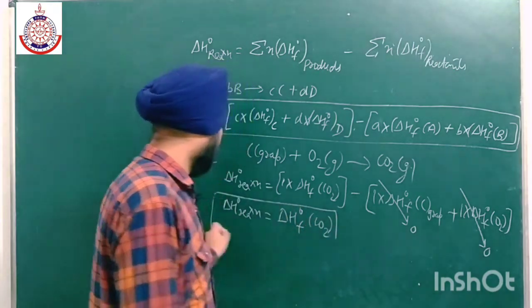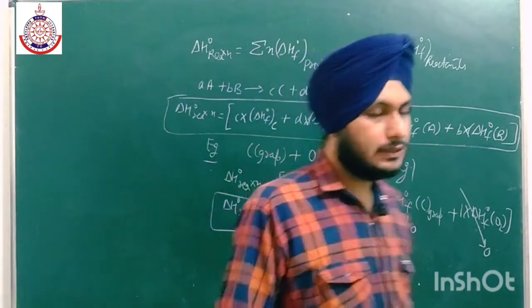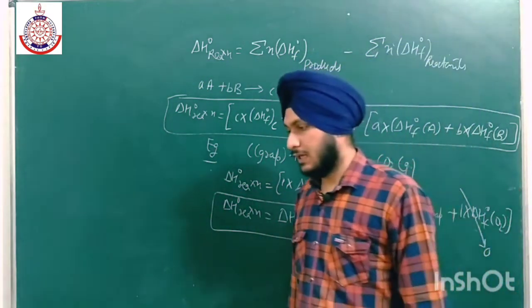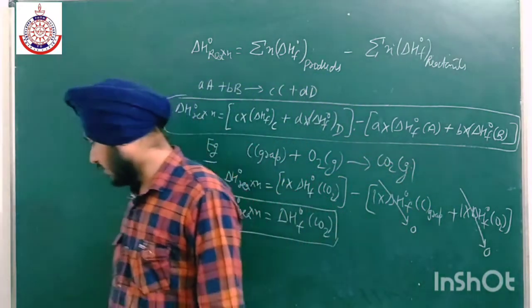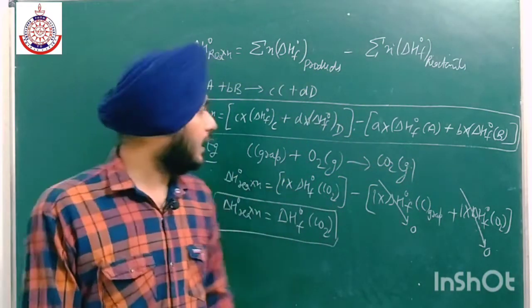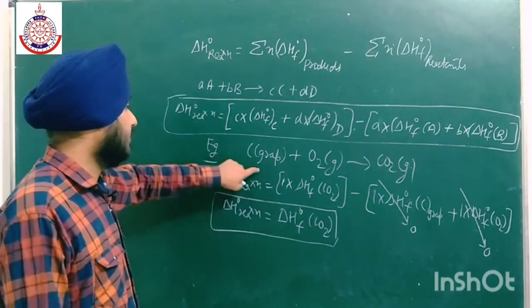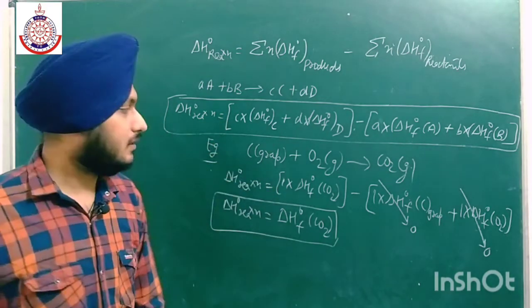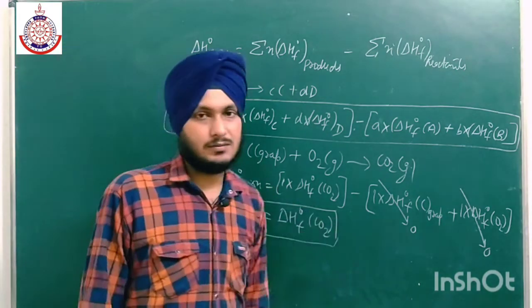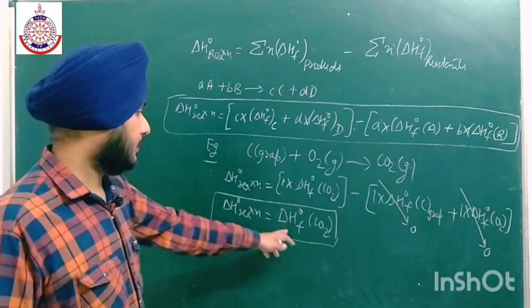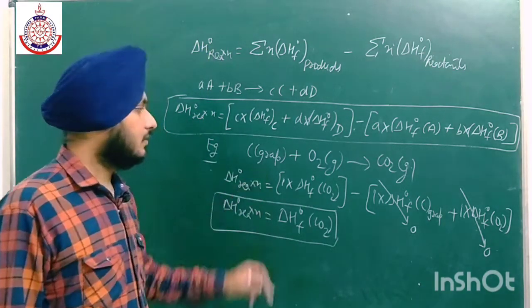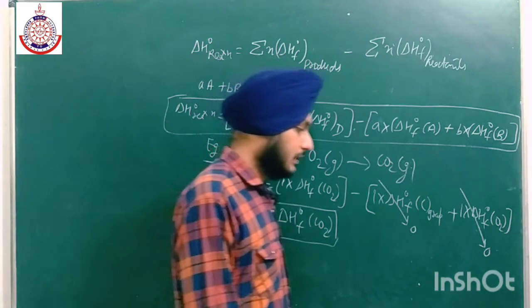In this way we have to calculate the heat of the reaction with the help of enthalpy of formation. Similarly, if diamond is there, then this will not be equal to 0. We have to subtract from this the delta HF naught of carbon diamond.